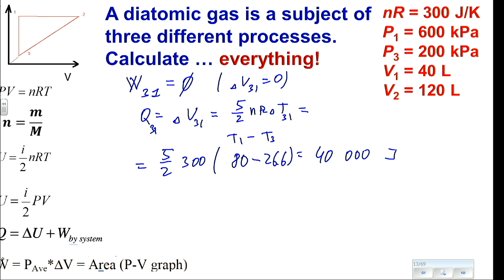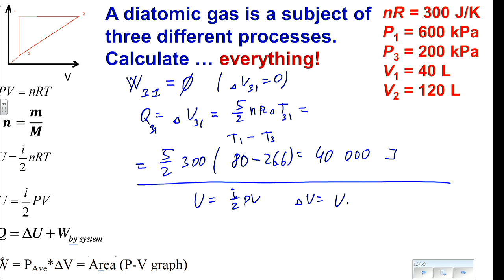No, that's a good question, but this is U. If you want to calculate delta U, you have to calculate U1 minus U3, which means you have to calculate i over 2 P1 V1 minus i over 2 P3 V3.